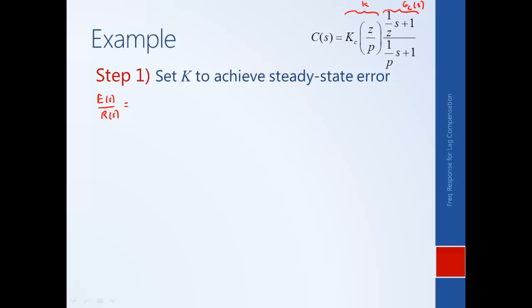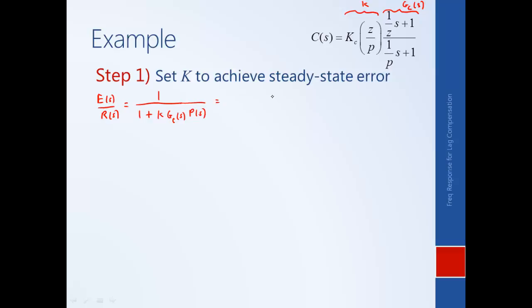Looking at the previous slide, we have a negative feedback loop, so we use the standard form forward over 1 plus loop, where the forward path from the reference to the error is just 1. So we have a 1 in the numerator, and in the denominator we have 1 plus loop, where the loop consists of the compensator and the plant. And so the compensator has this form, K times Gc(s), times the plant.